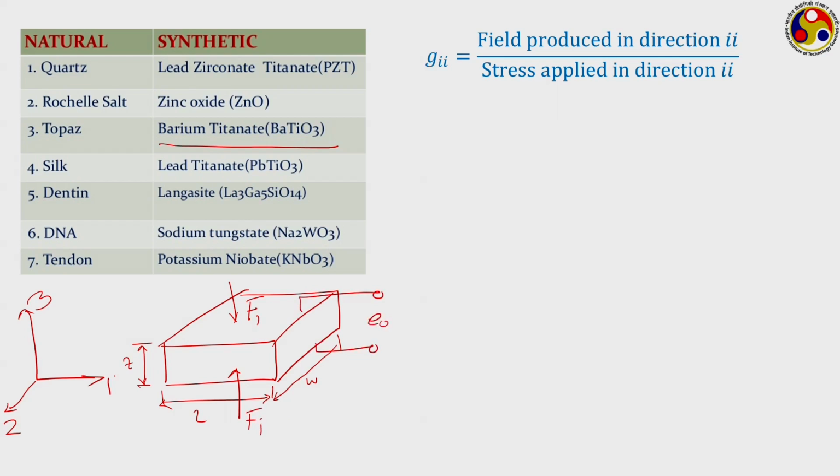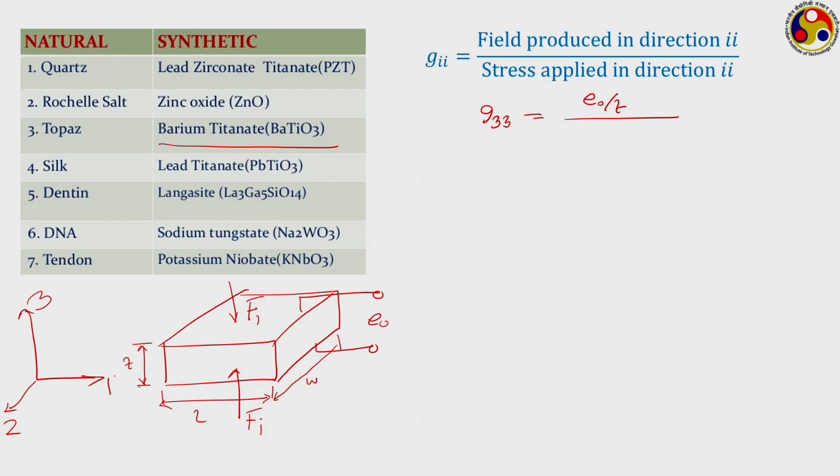Then the G parameter defines the ratio of the field produced in direction i divided by the stress applied in direction j. Now, here the force is applied in direction 3, so we have G33. G33 will be equal to, first, the field produced. In the numerator, how much is the field that is produced: E naught is the potential divided by t, the corresponding length scale.